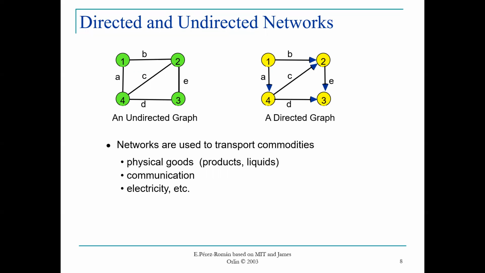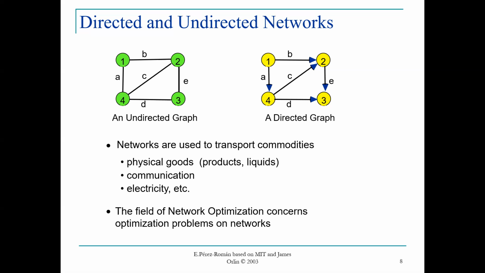On the left side, you just have the network with no arrows, just the lines connecting the nodes. When you don't have any arrows, that's what's called an undirected graph. And when you have the arrows specifying the flow, that is what's called a directed graph. Networks are used to transport commodities like physical goods, communication, electricity, and many more applications.